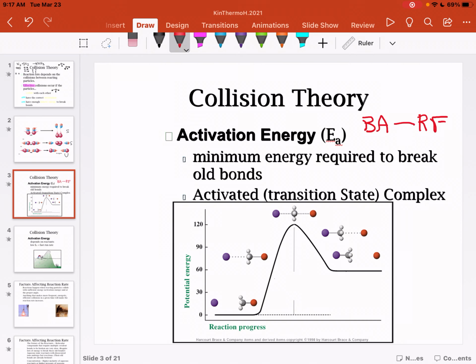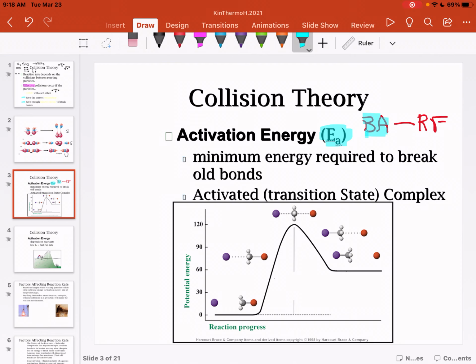So the amount of energy that we have to add to break old bonds is referred to as activation energy, and it is often abbreviated with this E sub A, like this. And it is the energy that we have to add to break old bonds. So let's take a look at a potential energy diagram that you see down here at the bottom.